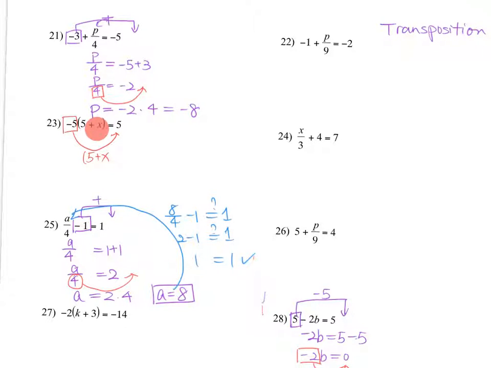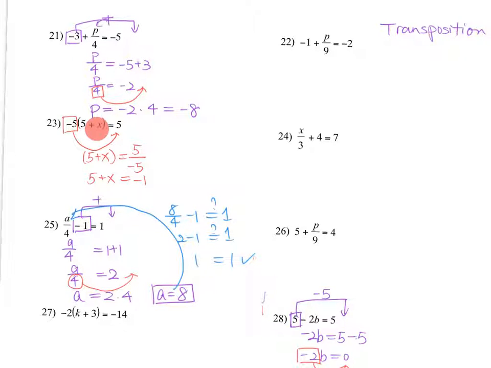So on the left-hand side, I have 5 plus x left. On the right-hand side, I have the original 5, and now I'm moving the negative 5 because it's a multiplication. I put it in the denominator. And if I simplify that, it becomes 5 plus x equals negative 1.